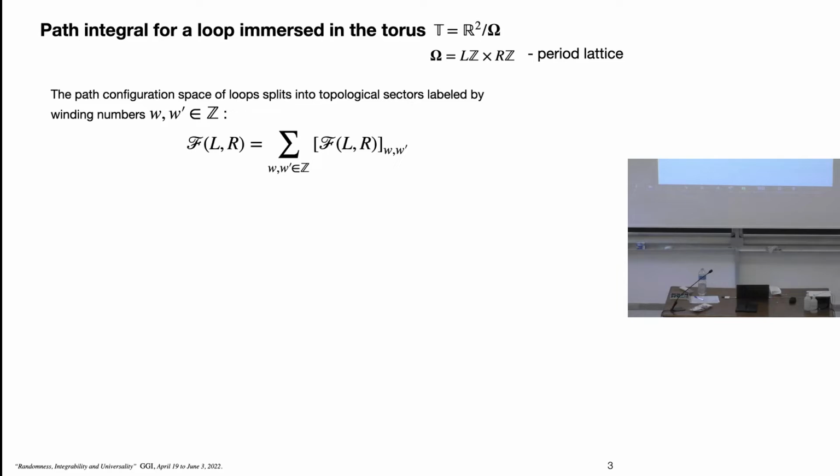The sum over the loops can be split into a sum over topological sectors, which are characterized by winding numbers. W and W prime are the numbers of times the loop winds around the first and the second period of the torus.